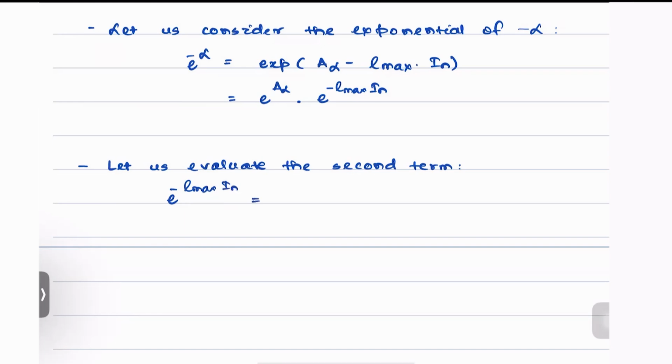Again, we can write a power series expansion here and write In minus L max In plus minus L max whole squared times In squared divided by 2 factorial plus so on and so forth.